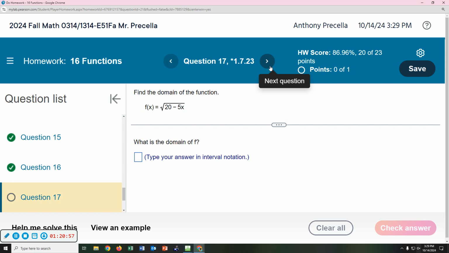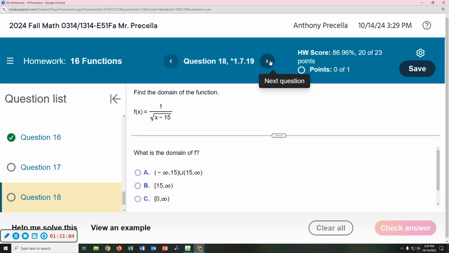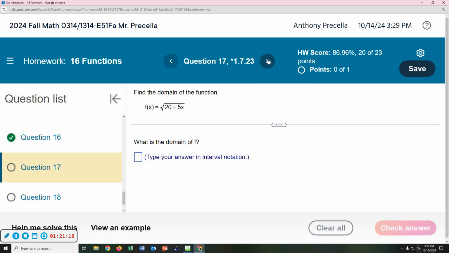And 18: f of x is equal to 1 over the square root of x minus 15. Okay, 17 and 18. What's the difference between the two of them? They both have square roots. But what's the fundamental difference between 17 and 18 and all the other ones we've already done?